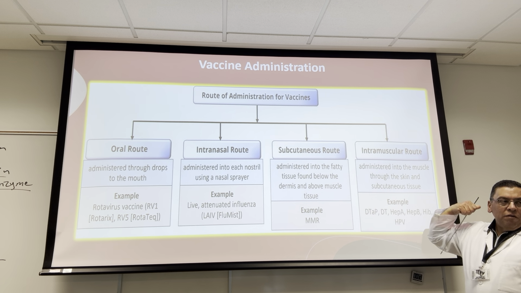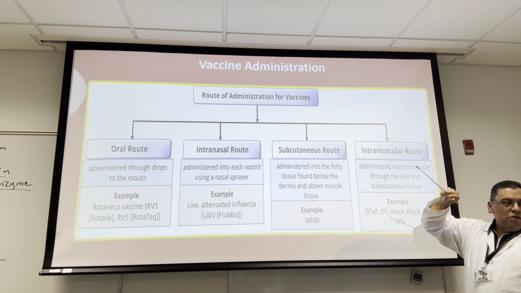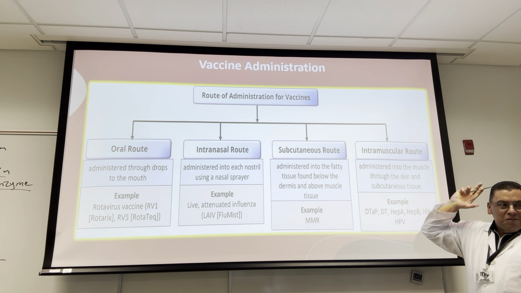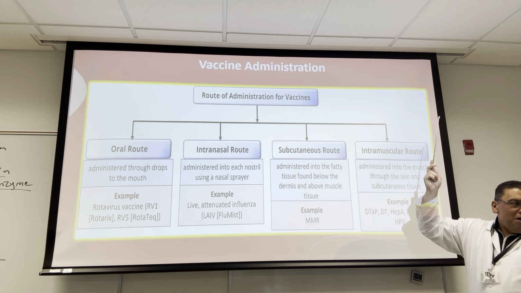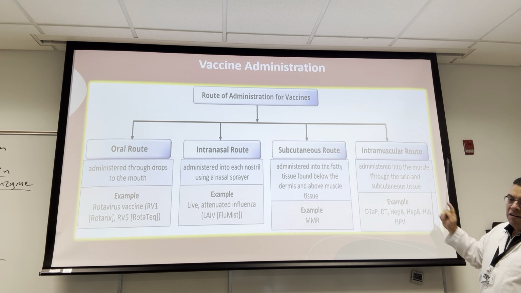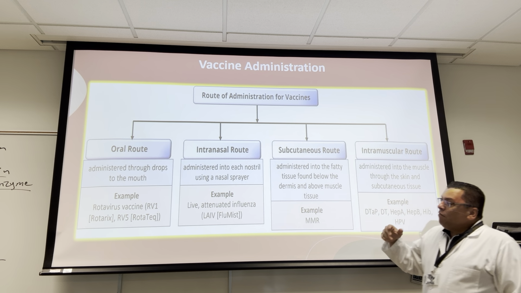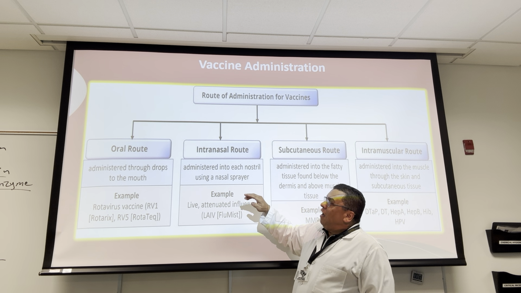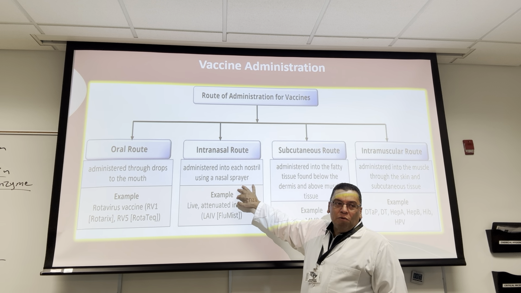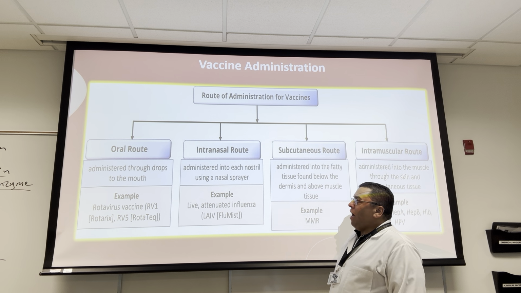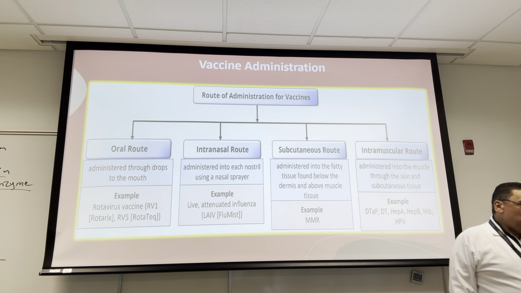Do you remember what COVID was? Which one was COVID? No, it was not subcutaneous. Didn't your muscles hurt for a little while? It was this one. COVID was more intramuscular. Now they have like the flu vaccine. They can deliver it through intranasal, but it's not as good. You have to deliver higher dose of it to get it to have it more active.